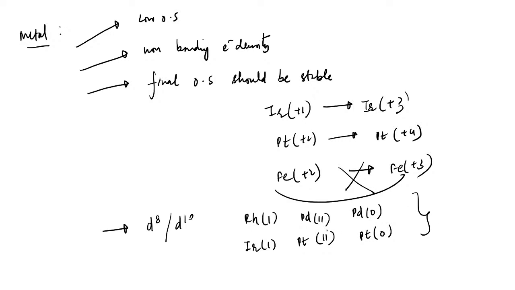So most of the cases, these all complexes show oxidative addition type of reaction. Okay. So these are some examples of complexes which show oxidative type of reaction. Okay. So D8 or D10 systems.